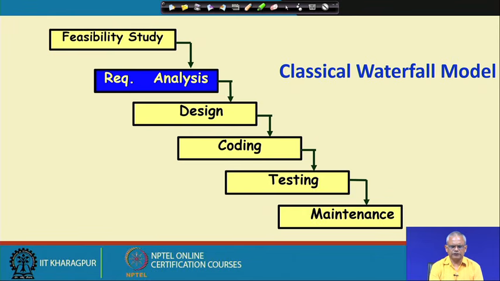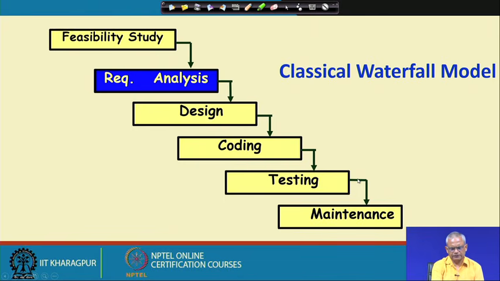We have so far looked at the feasibility study phase. We will look at the requirement analysis and then design, coding, testing and maintenance. But look here, it looks like a cascade of waterfall.